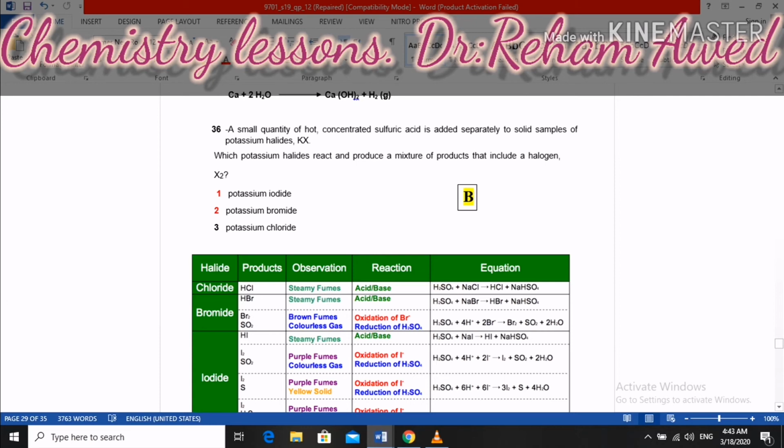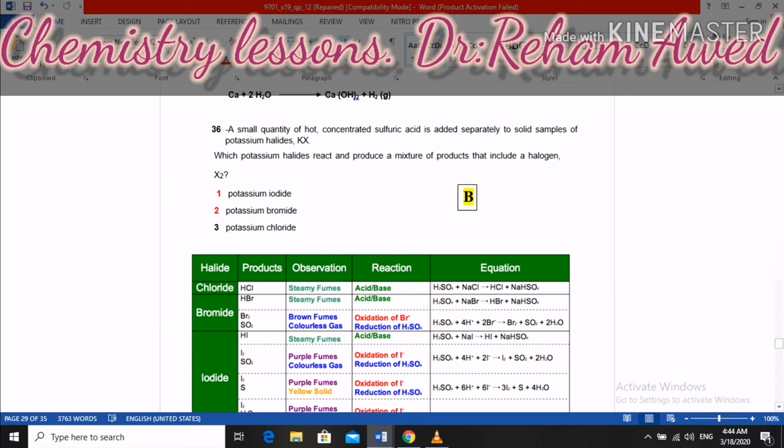In the case of hydrogen bromide, we will have an acid-base reaction but in two steps. In the first step, we will have hydrogen bromide and NaHSO4. In the second step, we will have bromine gas, so brown fumes, sulfur dioxide, a colorless gas, plus water. So the observation with hydrogen chloride is steamy fumes.